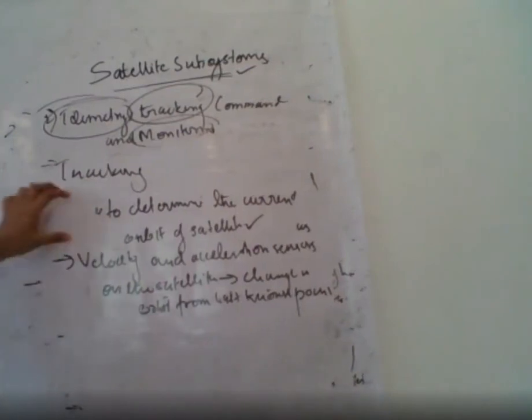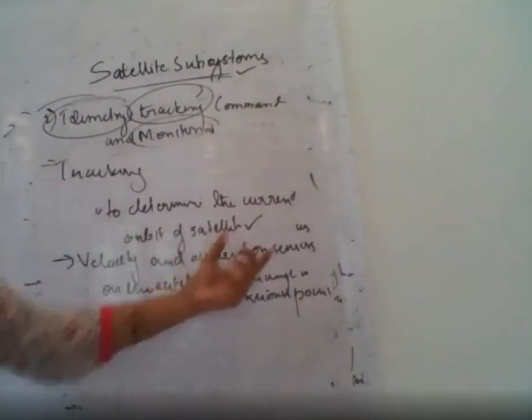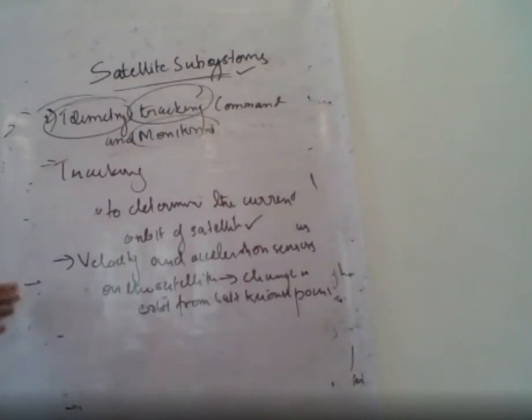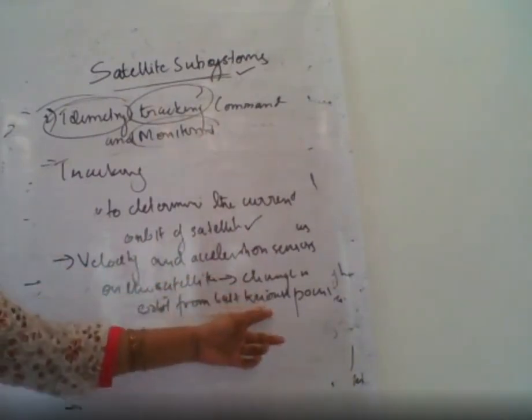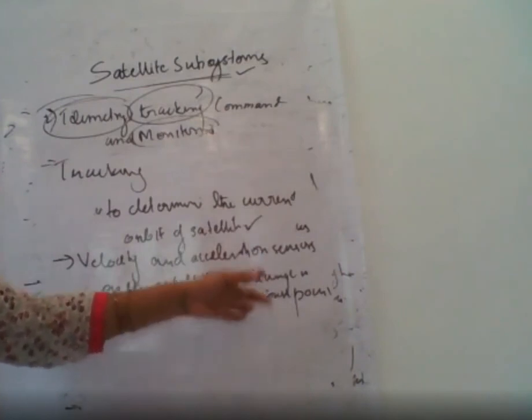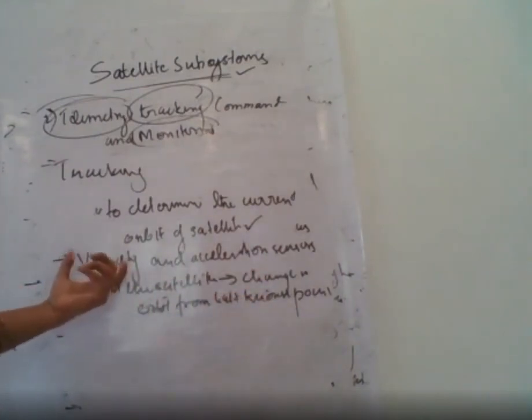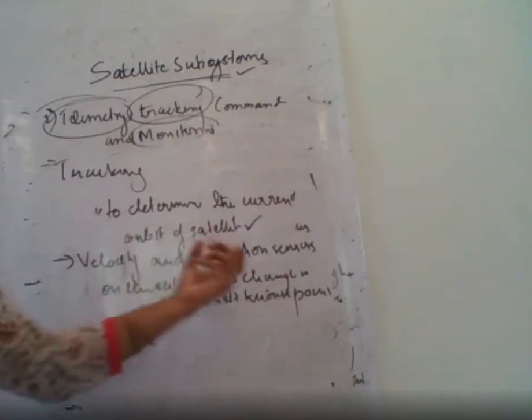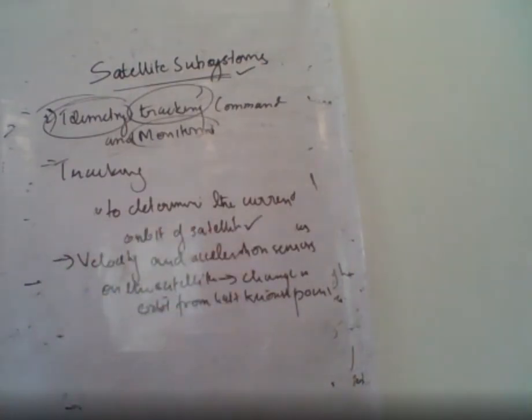By analyzing the data from the velocity and acceleration sensors, we can find out the change in orbit position from the last known point. So tracking can be done with the help of velocity and acceleration sensors.